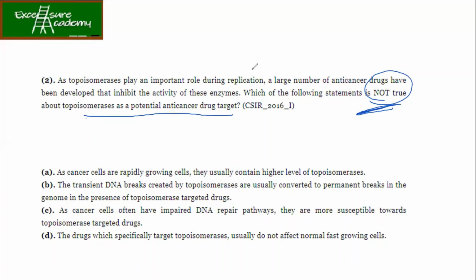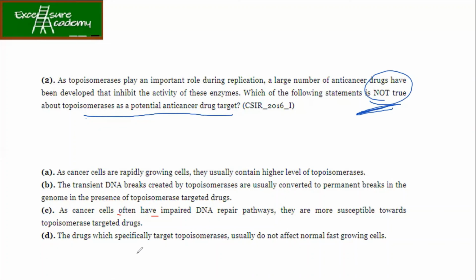Your options are: as cancer cells are rapidly growing cells, they usually contain higher levels of topoisomerases. The transient DNA breaks created by topoisomerase are usually converted to permanent breaks in the genome in the presence of topoisomerase targeted drugs. As cancer cells often have impaired DNA repair pathways, they are more susceptible to topoisomerase targeted drugs.